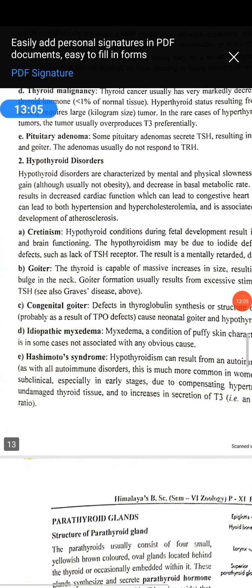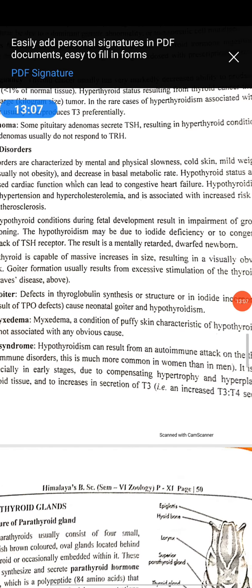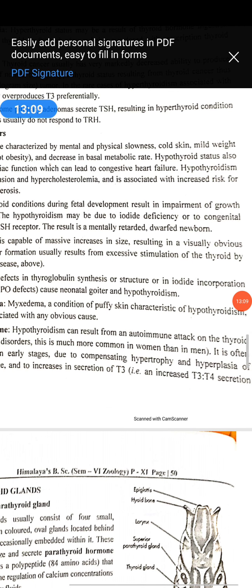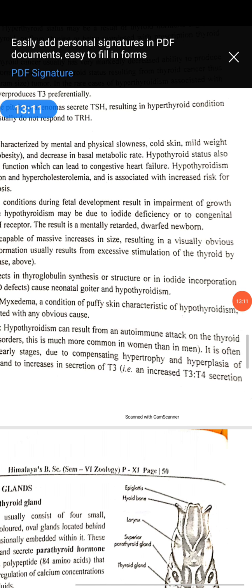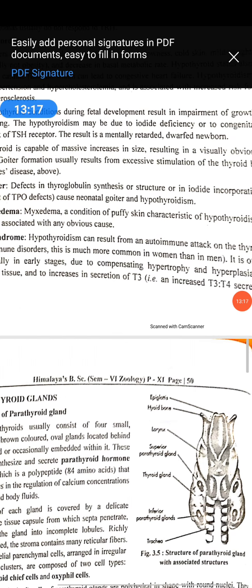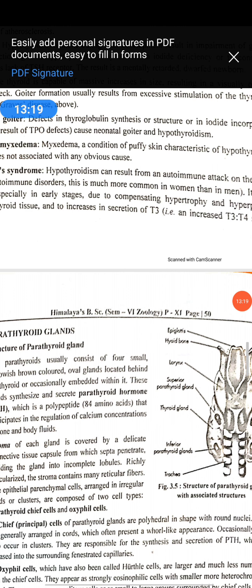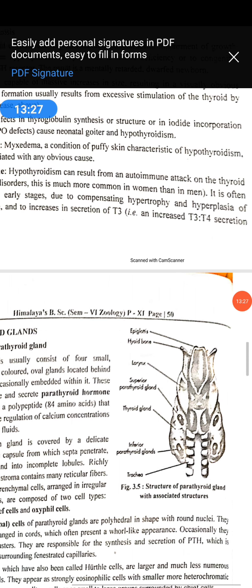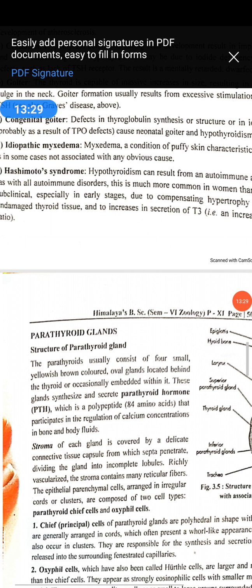It is often subclinical, especially in early stages, due to compensating hypertrophy and hyperplasia of undamaged thyroid tissue, which increases the secretion of T3. The thyroid gland destroys its own follicles, and the hypertrophy and hyperactivity destroy the follicles and the gland. This is Hashimoto's disease.